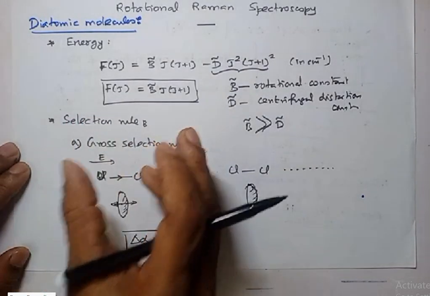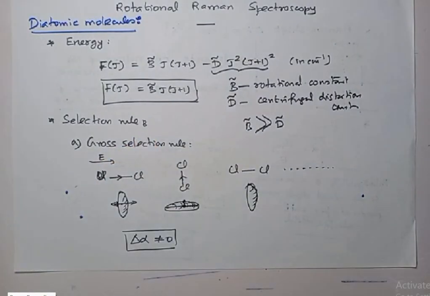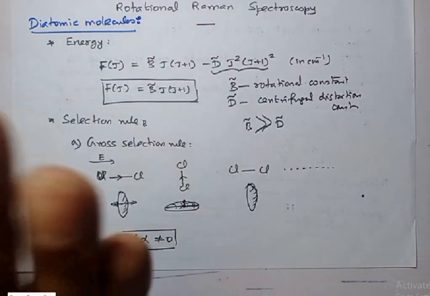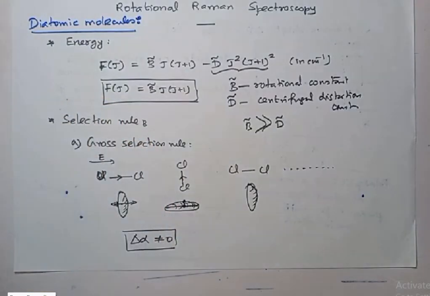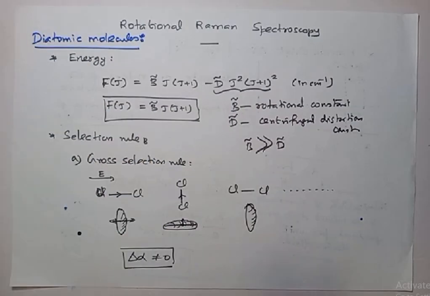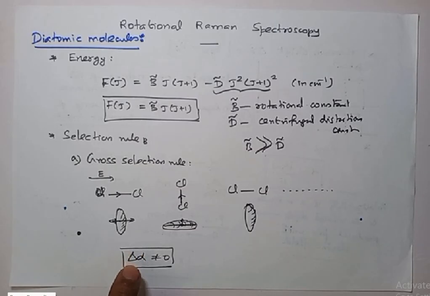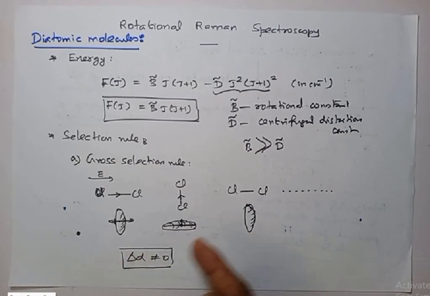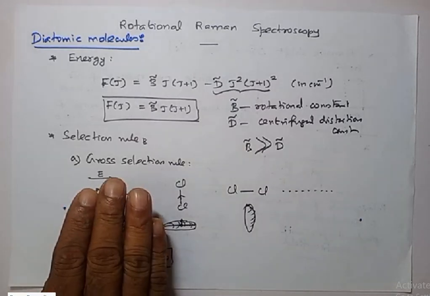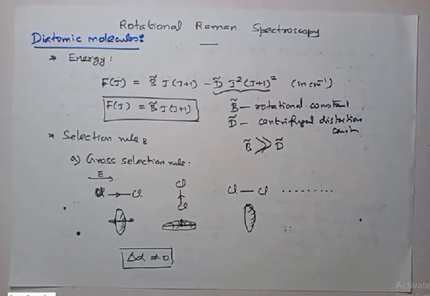This is what we call the gross selection rule. According to the gross selection rule, during rotation, if the polarizability of the molecule changes, then that rotation is Raman active, or that molecule is Raman active. Now we'll move on to the next one.